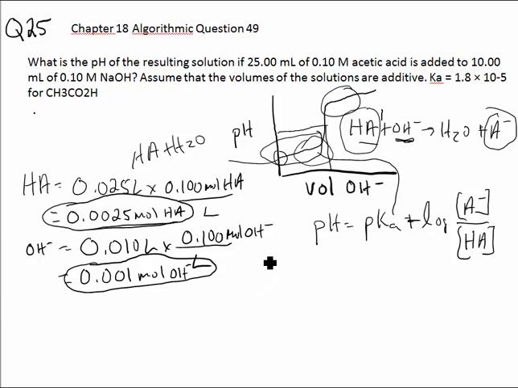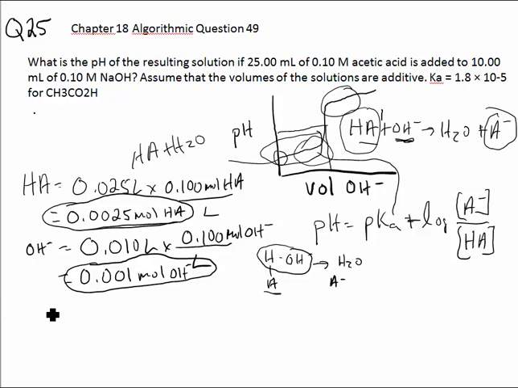Because that HA reacts with the OH minus, that makes water, and it leaves behind A minus. That also tells us how many moles of A minus: however many moles of OH minus we've added, we're going to have that many moles of A minus.